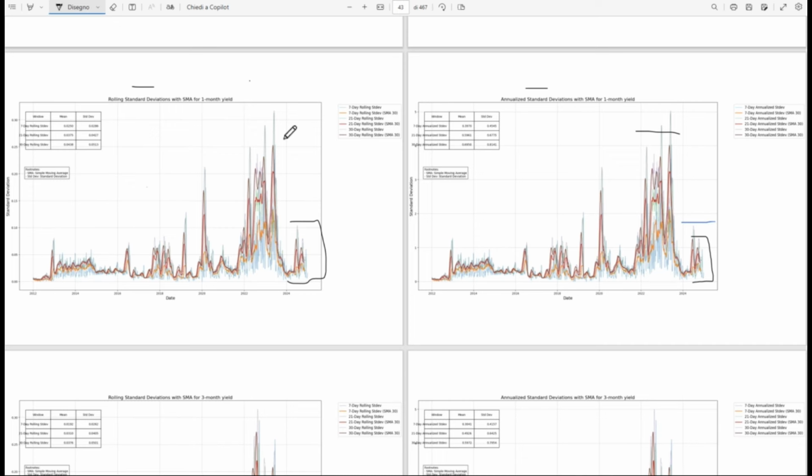A swap is basically an agreement between two parties, where one pays the fixed rate of inflation and the other pays the floating rate. If I have to pay the floating rate and inflation goes up, then I have to pay a higher premium, and I'll be losing money in this inflation swap.